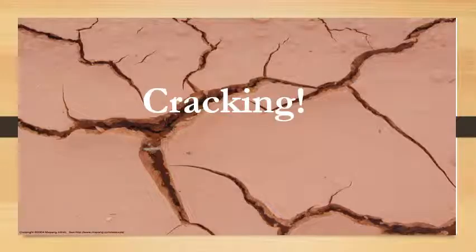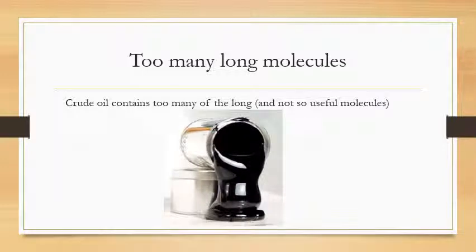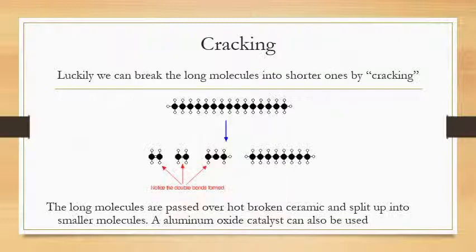Just to finish up, just to link everything together with the crude oil topic, we'll look at a bit of cracking. Crude oil contains too many long and not so useful molecules, but we can break these long molecules down into shorter ones by a process known as cracking.